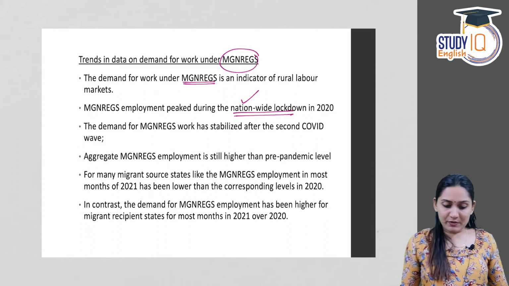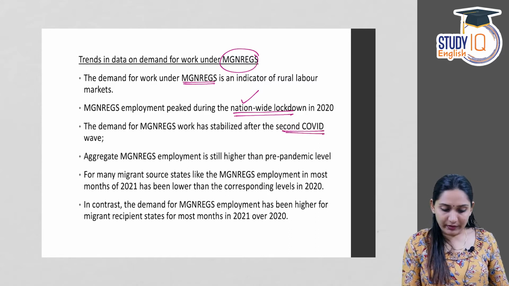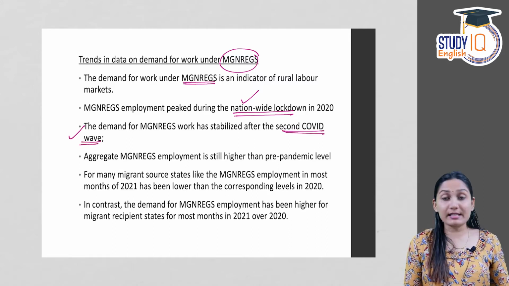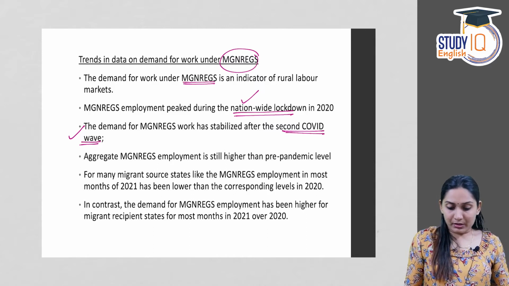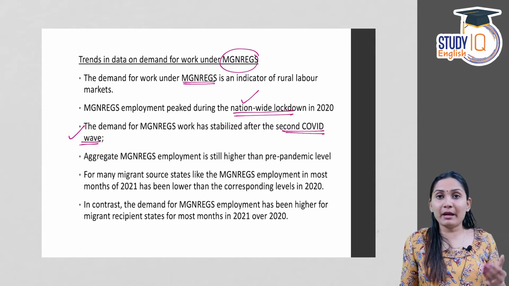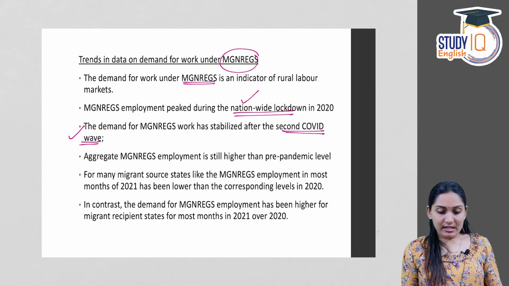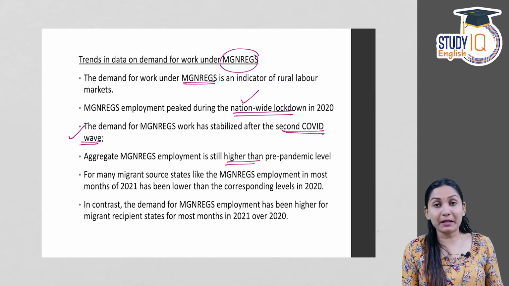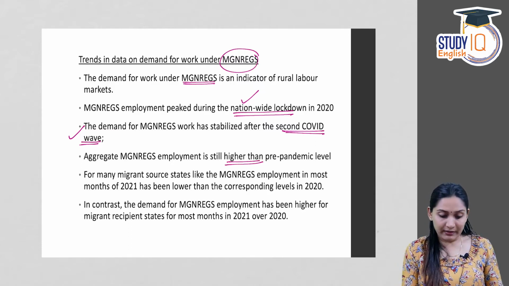The demand for MGNREGA work has stabilized after the second COVID wave. Till then, there was high demand for work under MGNREGA. Aggregate MGNREGA employment is still higher than the pre-pandemic level. Even now, the aggregate is higher than the pre-pandemic level.